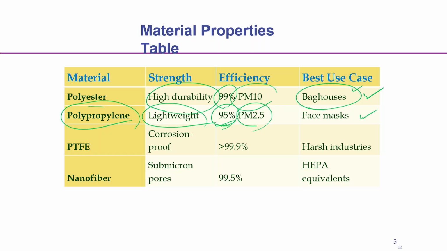It is widely used in face masks because it is hydrophobic in nature and wicks sweat quickly. Due to its high wicking characteristics, it does not absorb liquid, so our skin remains dry. That enhances the comfort characteristics. So, polypropylene is widely used for face masks.